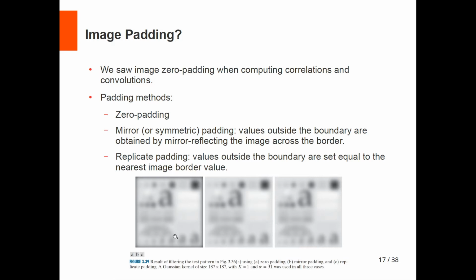As you can see in the zero padding result, we have this gray border across the final result, but this is not something that can be seen for the mirror padding and replicate padding. So usually in practice, mirror padding and replicate padding are more common.